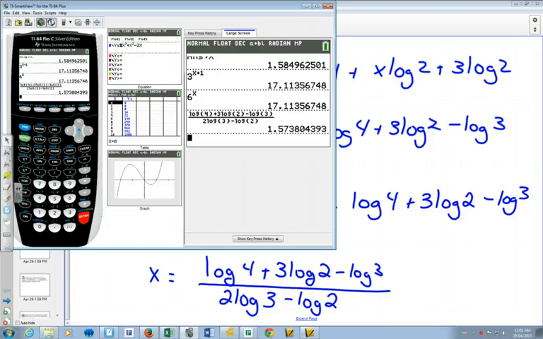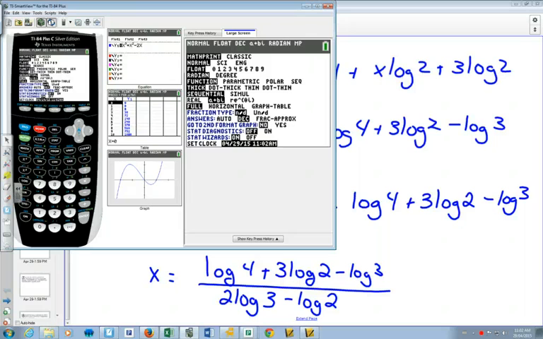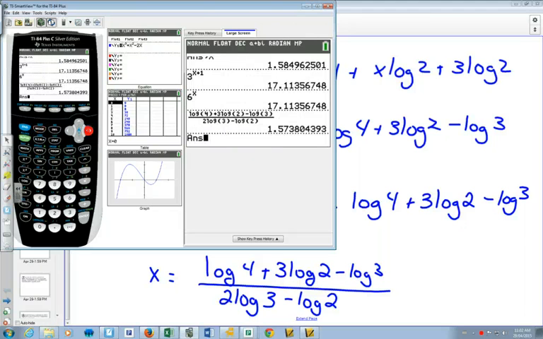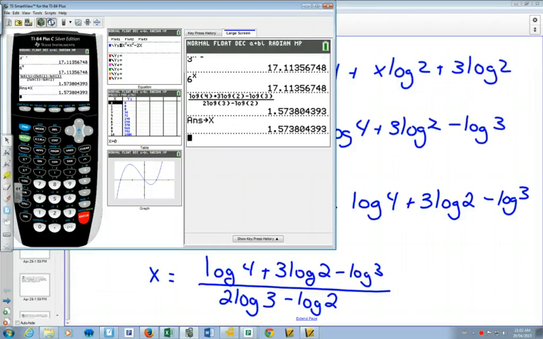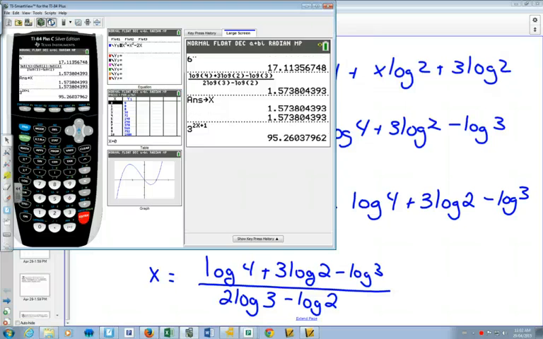Okay. What we have to do, though, to make us feel more confident that this is right, I'm going to store this value as x. I'm going to hit the mode button. I'm going to store that value as x. And now I'm going to plug it back into my original equation. My original equation had 3 to the power 2x plus 1 on the left-hand side.